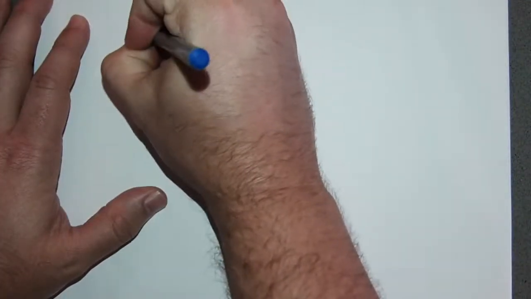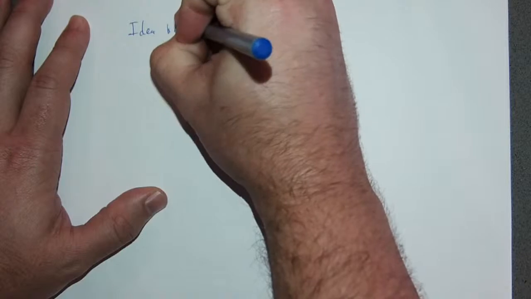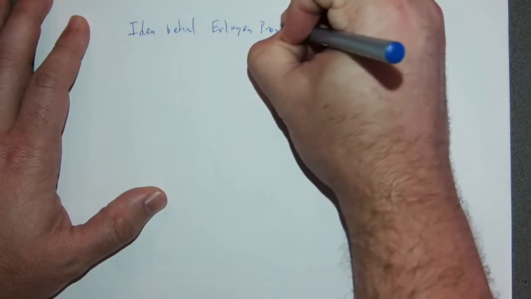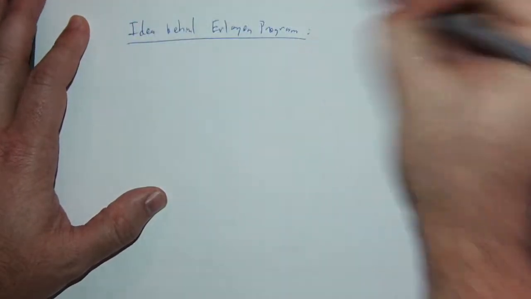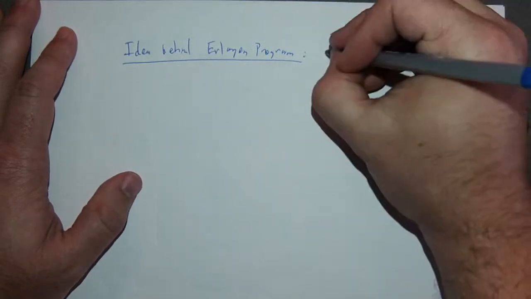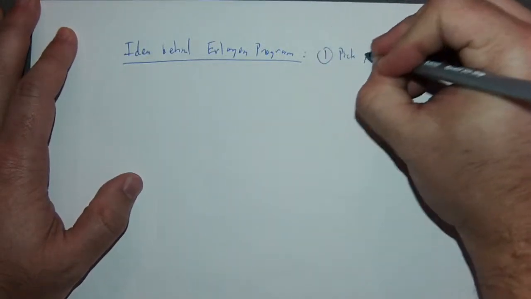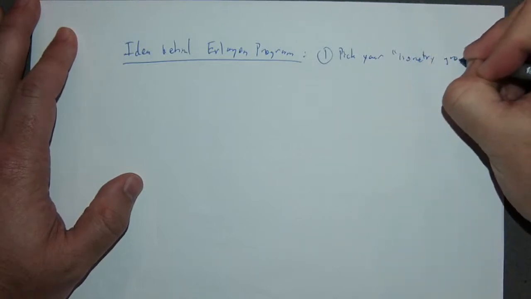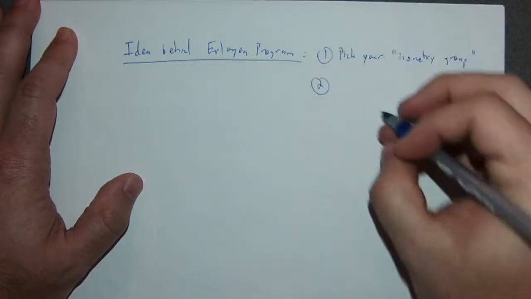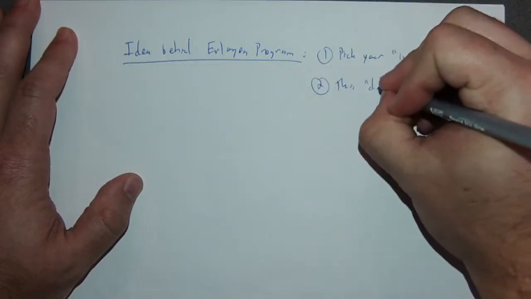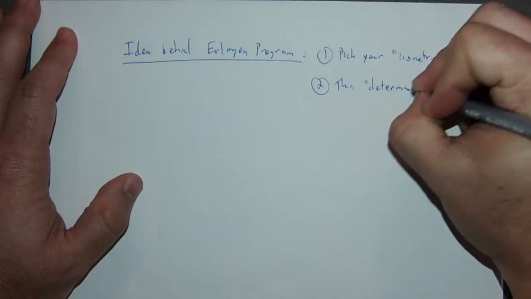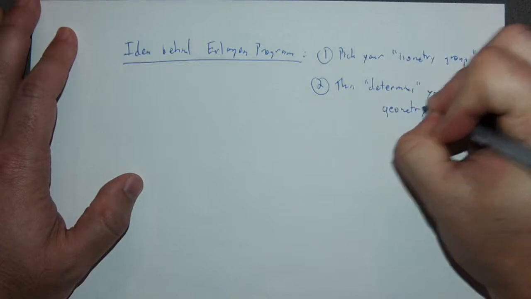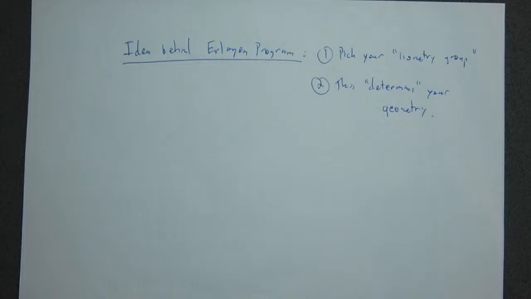The idea behind the Erlangen program: one, pick your isometry group. And two, this determines your geometry.